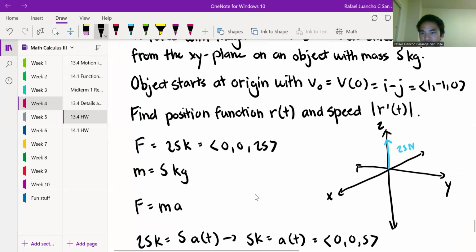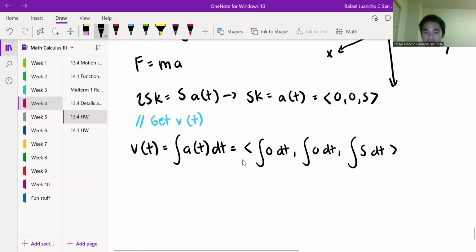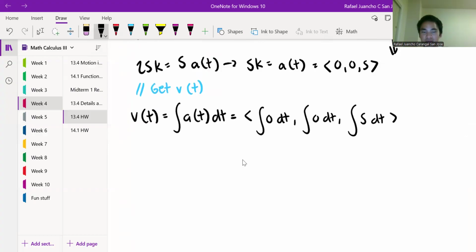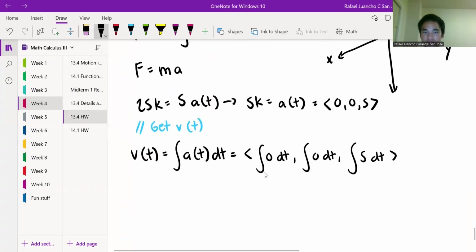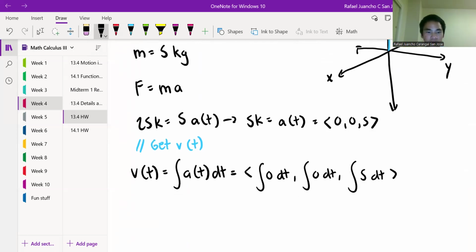Or does it? I don't think it does. Yeah, because there's going to be 0 either way.